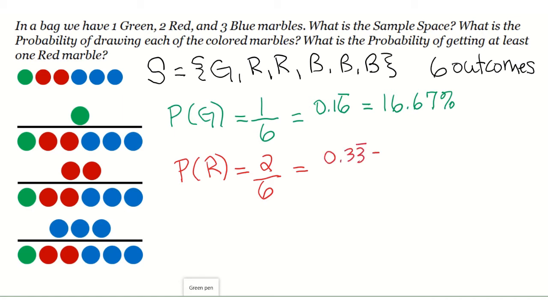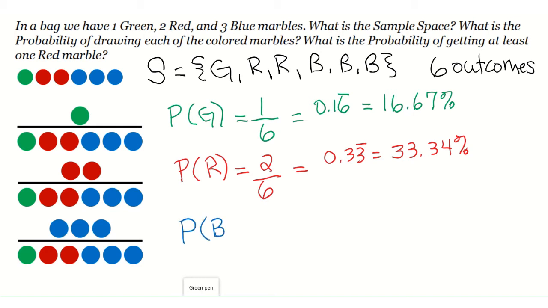That repeats. So when I convert that to a percentage, that's going to be 33.34%. That is my probability for drawing a red marble out of the possible 6 marbles that are in the bag. And then the last one is going to be the blue.